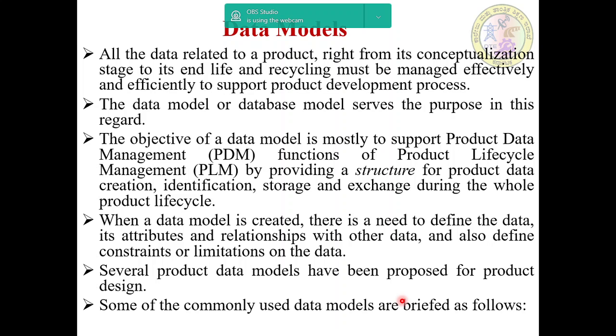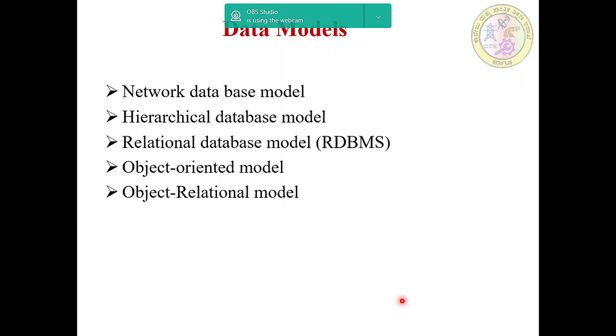These are the commonly used data models: network database model, hierarchical database model, relational database model, object oriented model, and object relational model. We will discuss one by one. First we will take network database model.